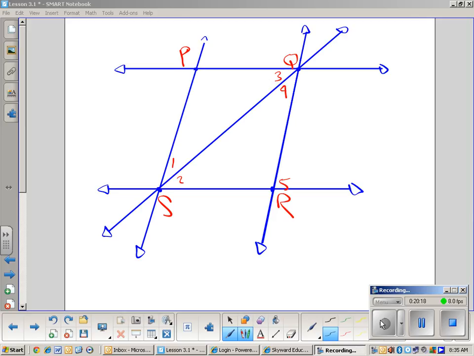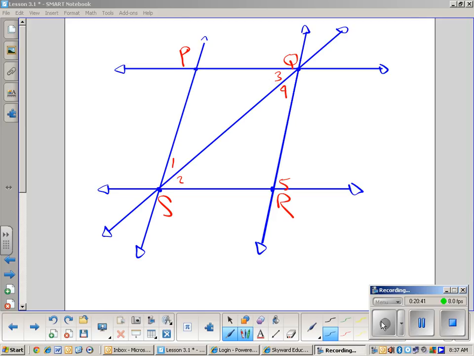Here's a picture, I think it's similar to the one in the book. Let me grab my book. Okay, the first two problems in the textbook have a picture like this, and it's very confusing for people. So I wanted to look at it together with you. Number 2 says angles 1 and 4.